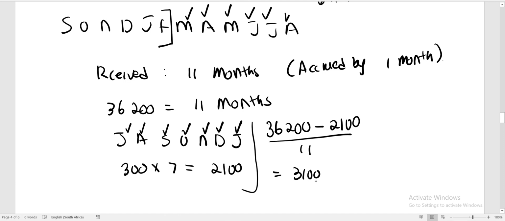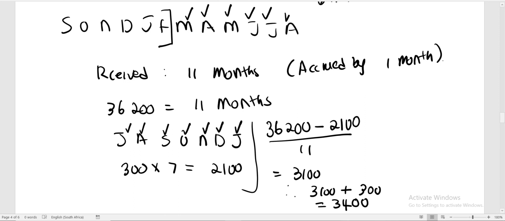So obviously after that, the amount that we are looking for is 3,100 plus the 300 increase. So which means that for rent after increase, we were receiving 3,400. So our rent is owed to us by 3,400.